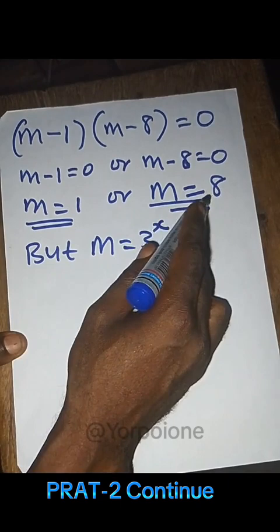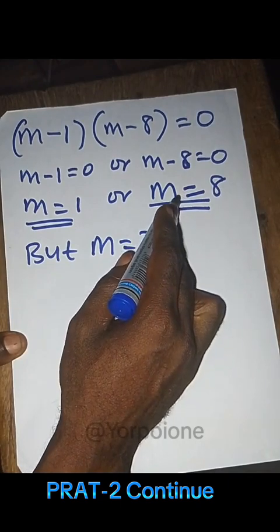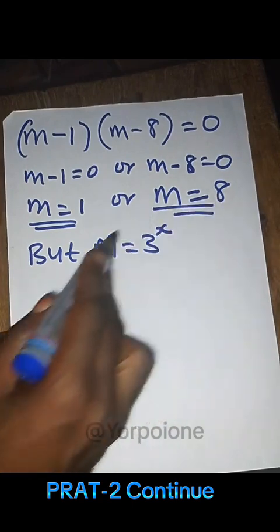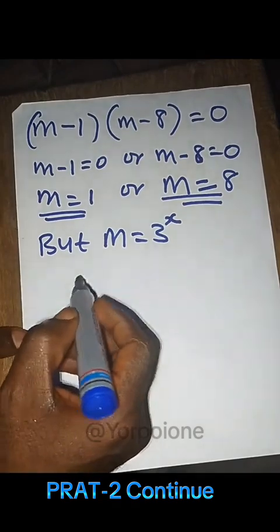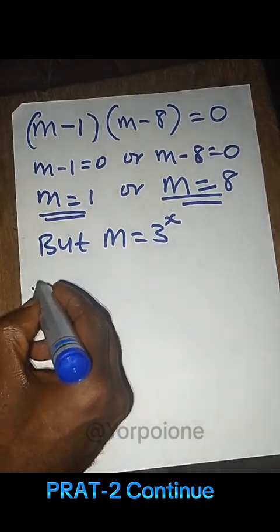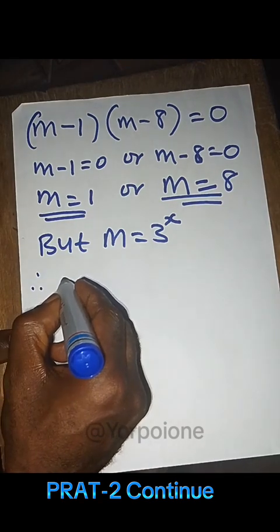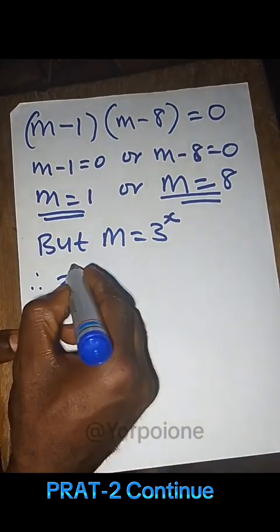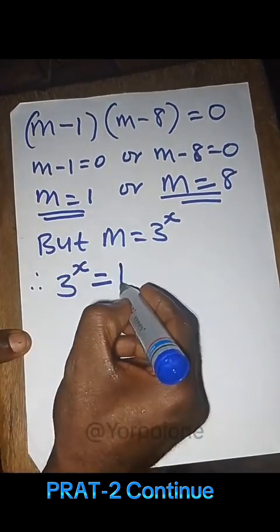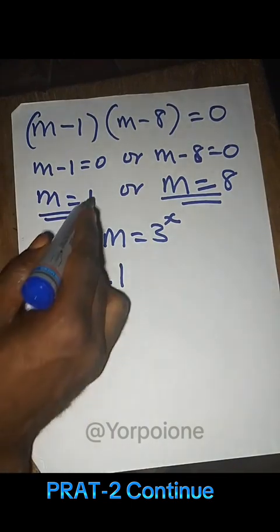And we're going to write again m here, which is 8, is equal to 3 to the power x. Okay? So, therefore, we now have the value for m here is 3 to the power x. So, therefore, 3 to the power x is equal to 1. Okay? So, we're going to solve this one first.